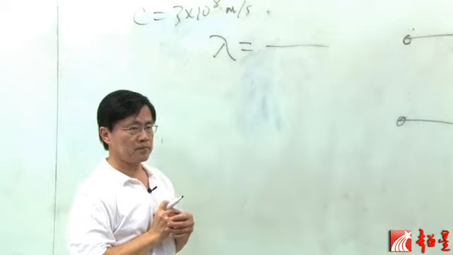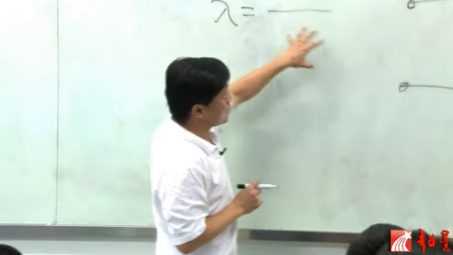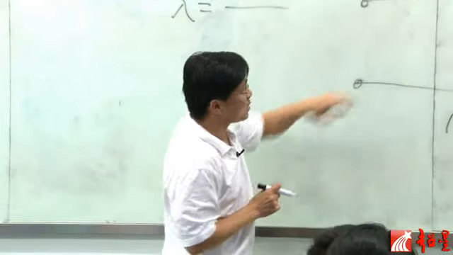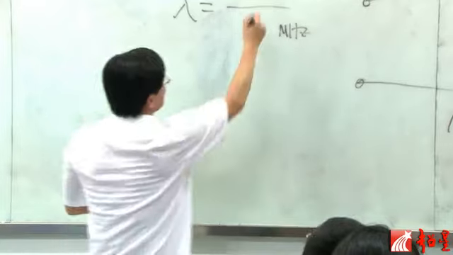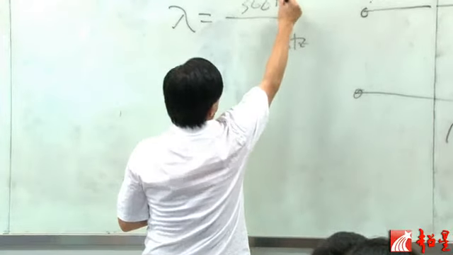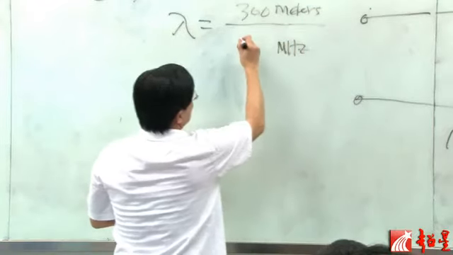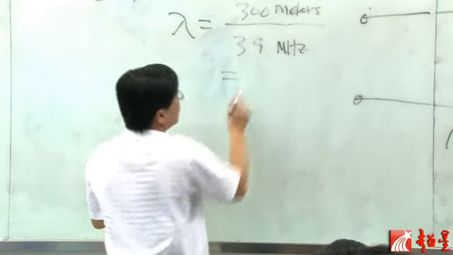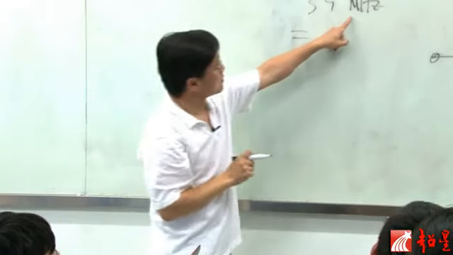Right? That's the speed of light. Okay. So when we calculate the wavelength with megahertz, if I use megahertz here, I can just use 300 meters, and then it's 39. This will give me the wavelength in meters, because this is megahertz.